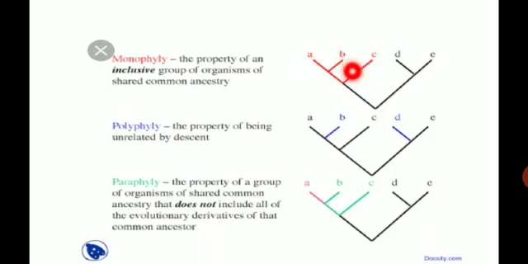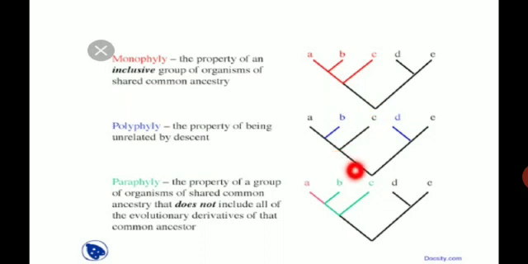Second one is polyphyletic group. The polyphyletic group is a taxon that includes members from two different lineages. So, the polyphyletic group is rejected. Then third one is paraphyletic group.